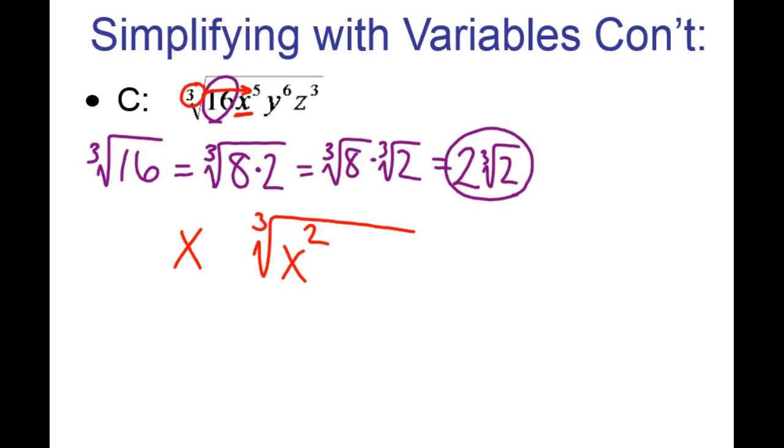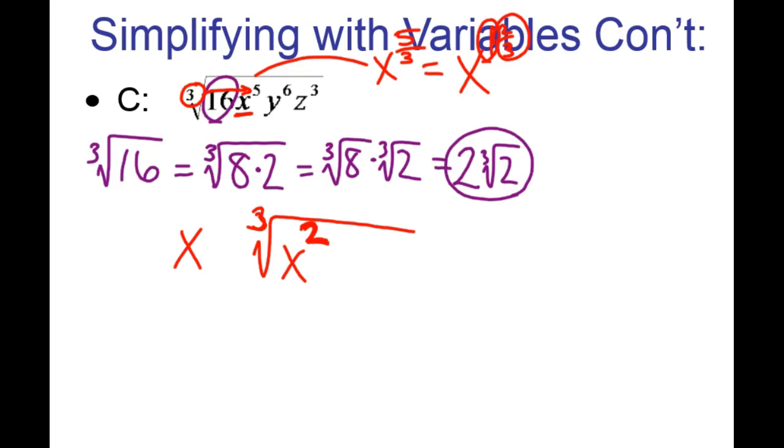Because remember, this would be the same thing as saying the fraction x to the power of 5/3, and 5/3 can be rewritten as x to the 1 and 2/3. Well, here I have one whole number coming out, and I still have my root of 3 and my power of 2.